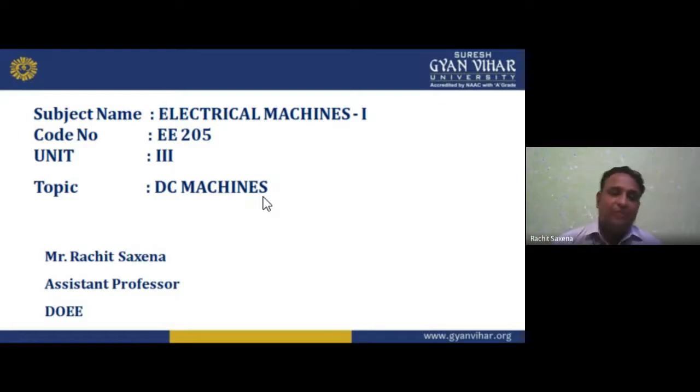What are the ferromagnetic materials we have? We have iron, nickel, cobalt, and metal alloys, such as silicon-containing steel sheet alloy. With the help of these we can make an electromagnet.